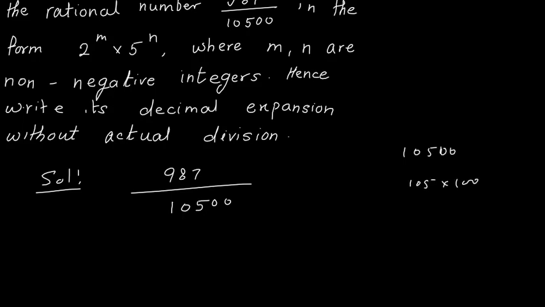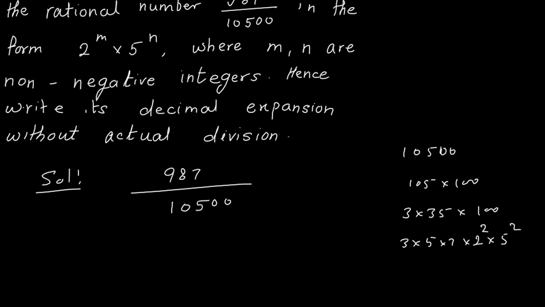Now this 105 is divisible by 3. So 3 3s are 9, 3 5s are 15, so 105 is 3 into 5 into 7, into this 100. Now this 100 is 25 4s, so 25 4s means 2 power 2 into 5 power 2.